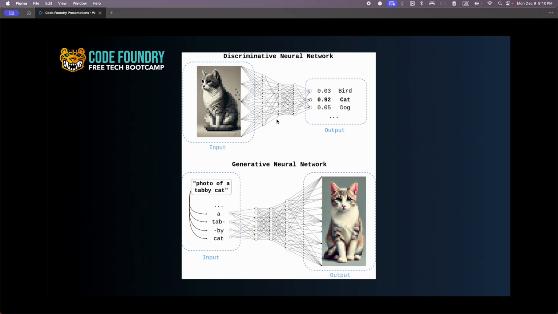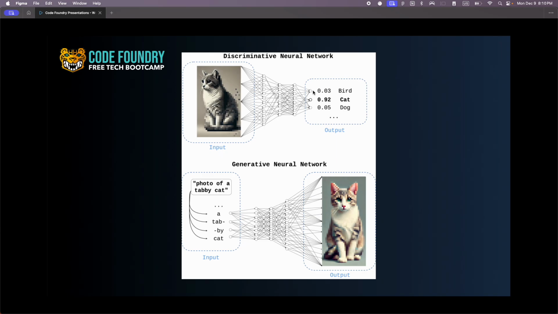There are two general types of neural networks: discriminative neural networks and generative neural networks. Discriminative neural networks will take a large amount of data. For example, here we are taking a black and white photograph of a cat, and it will try to predict a result or an output based off of different options. Neural networks don't give you a prediction, but they give you a probability associated with each one of the outcomes.